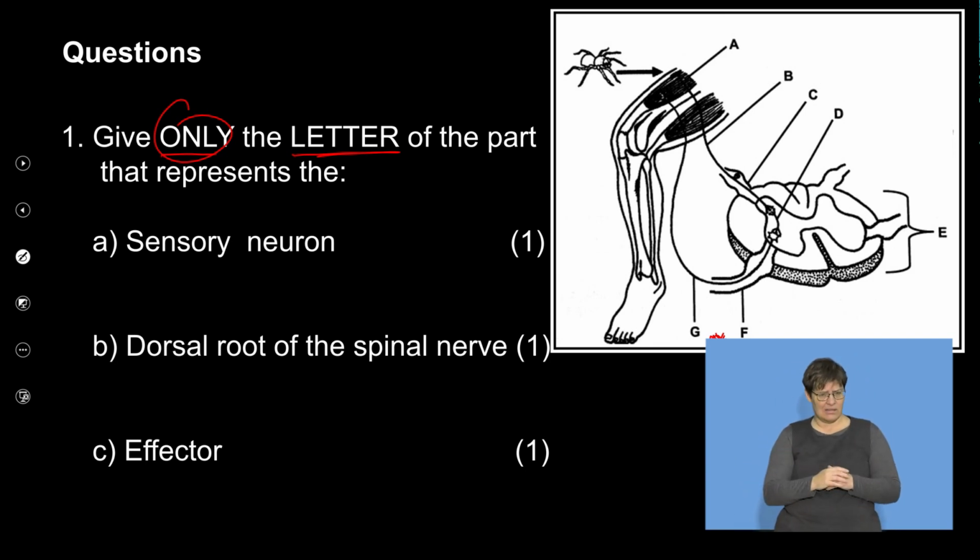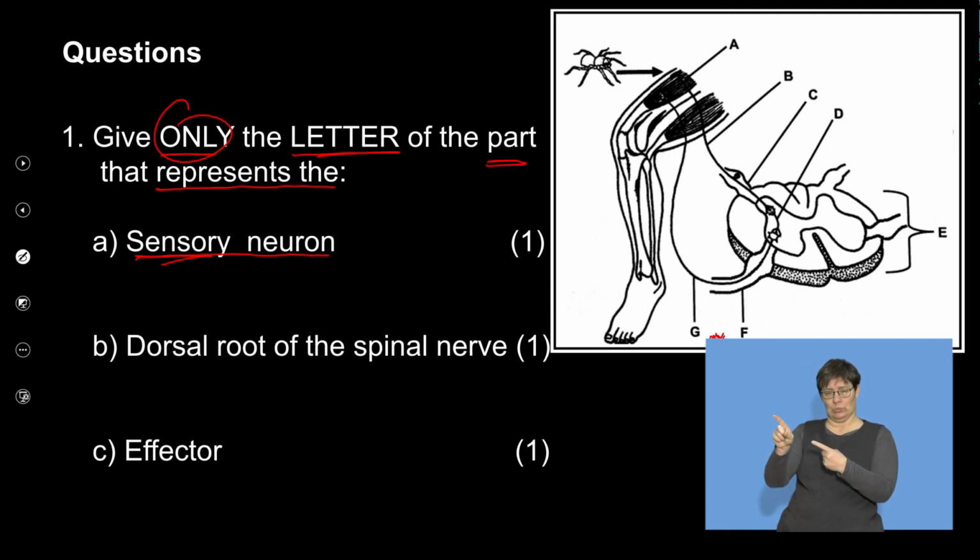The first question said give only the letter of the part that represents sensory neuron. Before you can go to the correct answer, you must remember the function of the sensory neuron. It carries impulse to the spinal cord. So what would be the answer? Already I reminded you. So the answer will be B.